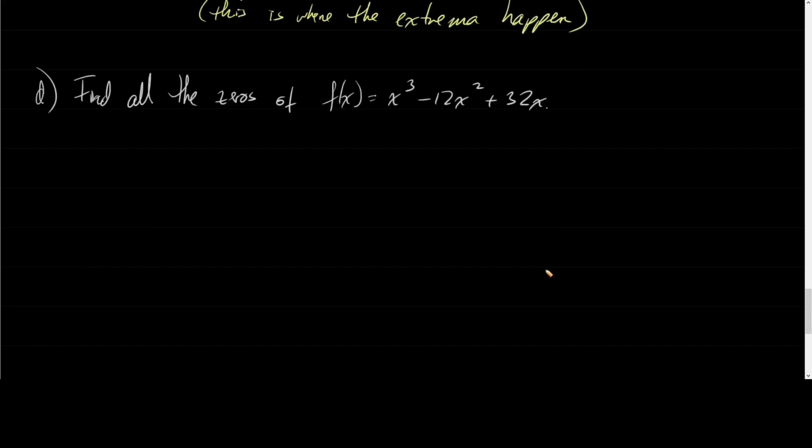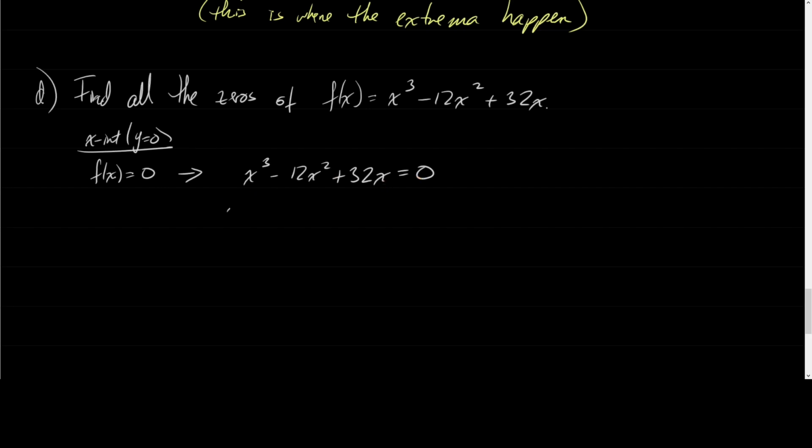All right. So recall that, well, we're finding all the zeros. Finding all the zeros is the same as saying find all the x-intercepts. And the x-intercepts are when y is equal to 0. So what we're going to do here is let f of x equal 0. What does that really mean? That means that we have x cubed minus 12x squared plus 32x, and we have that equaling 0.